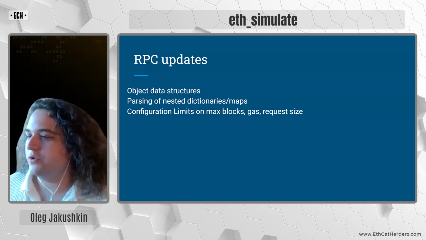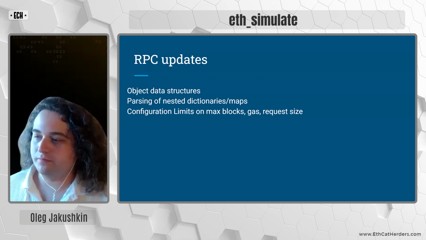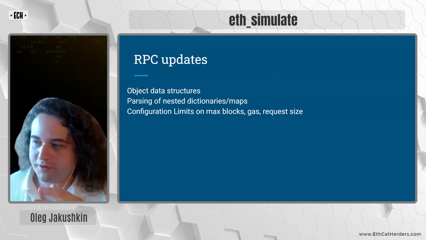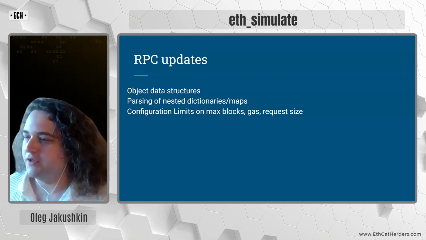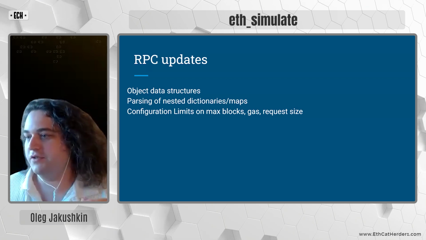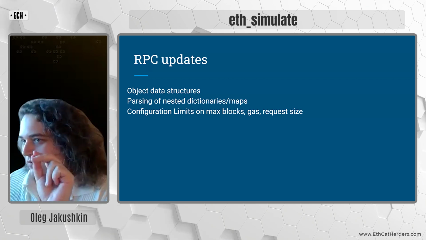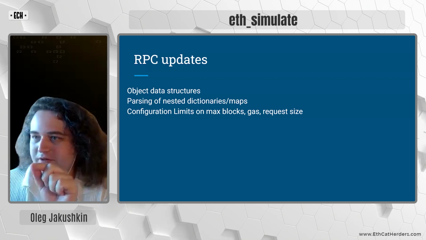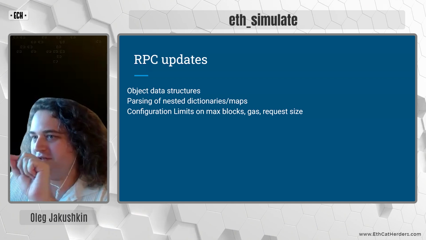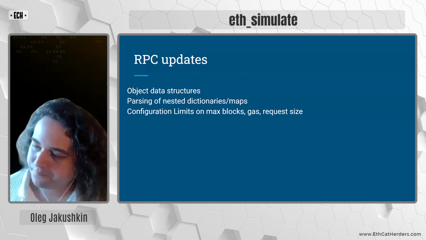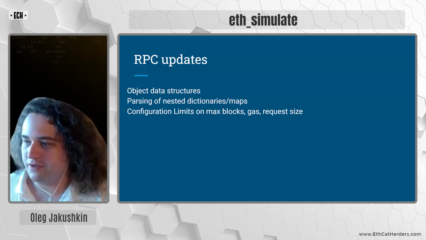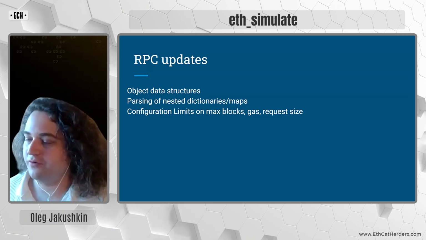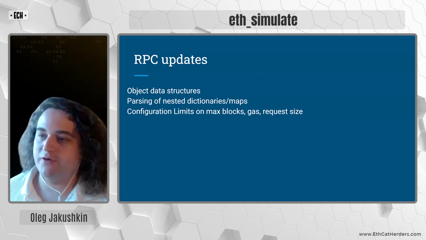Also, with this method comes a new limit variable, so a node can set a maximum number of blocks a user can simulate in a row. If a user gives you blocks from number 0 to blocks number 1000, we would need to simulate every block in this pathway. That could be a potential DDoS vector, so this configuration variable allows us to hard limit the number of blocks you emulate.